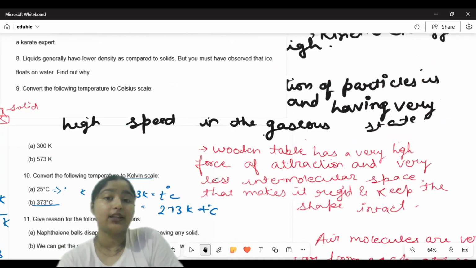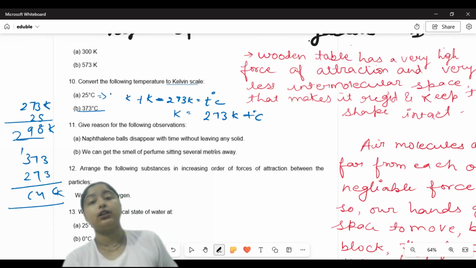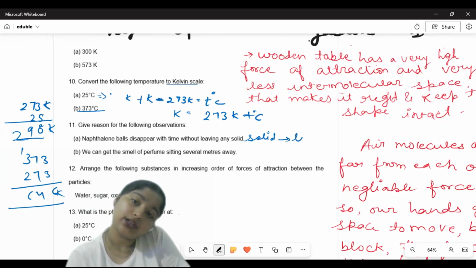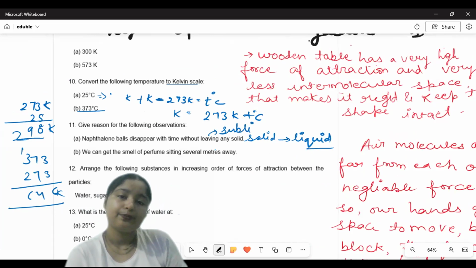And why is this the reason? Remember the process of sublimation, where the solid directly changes into gas. That is sublimation, right? And you can say that it happens due to the process of sublimation.